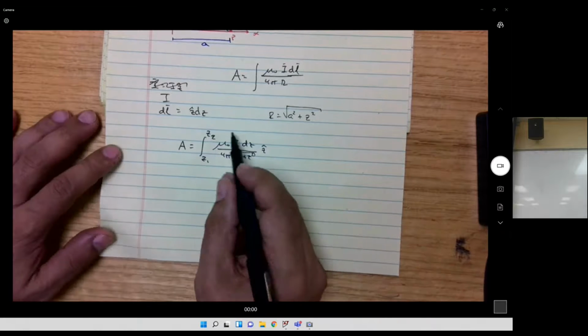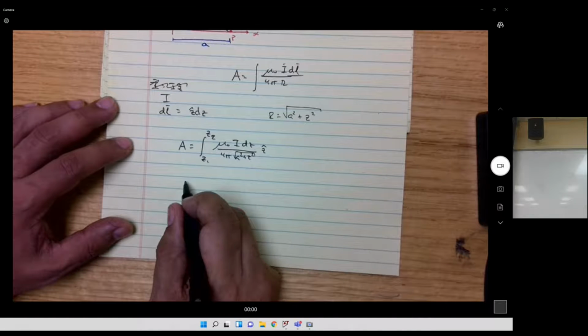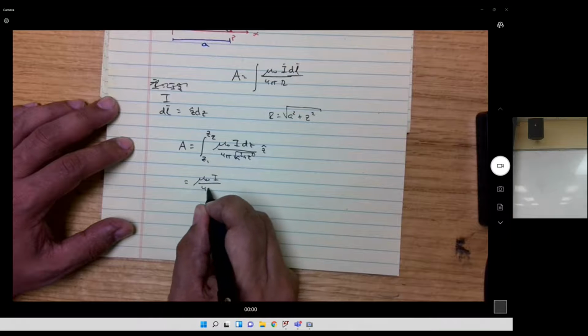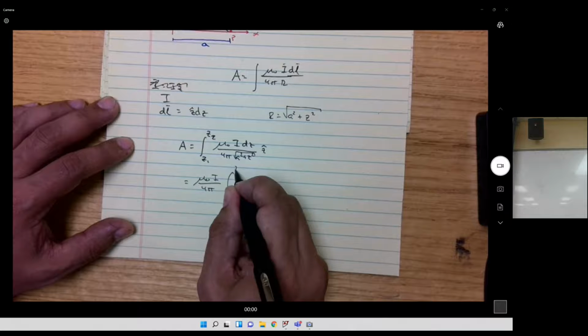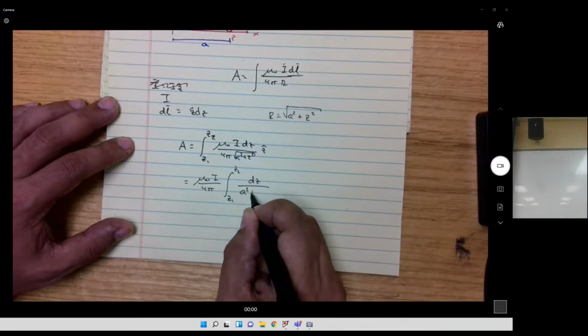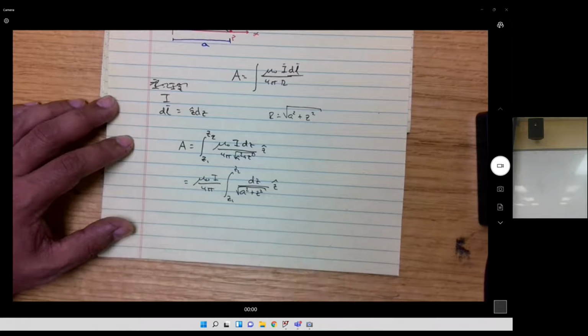These first four terms are all constant, so I can take them out. So I'm going to have mu naught I over 4 pi, and then the integral from z1 to z2 of dz over square root of a squared plus z squared, in the z hat direction.